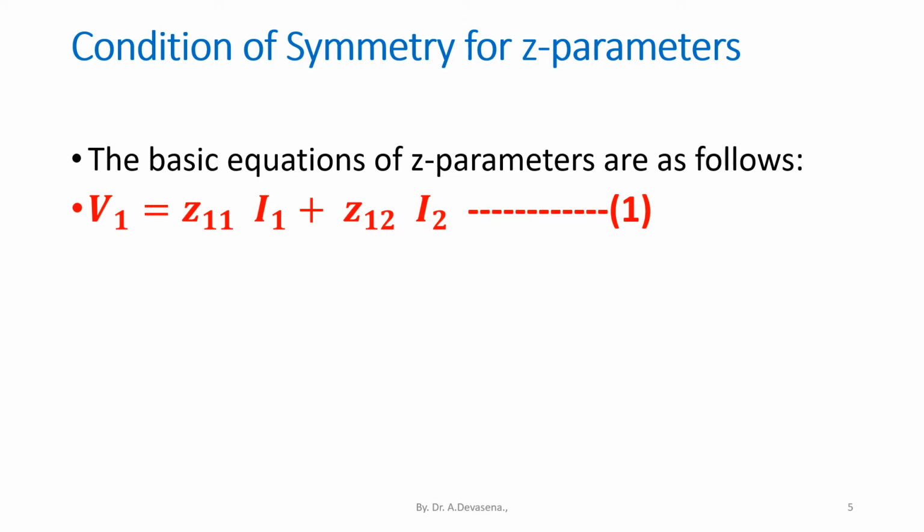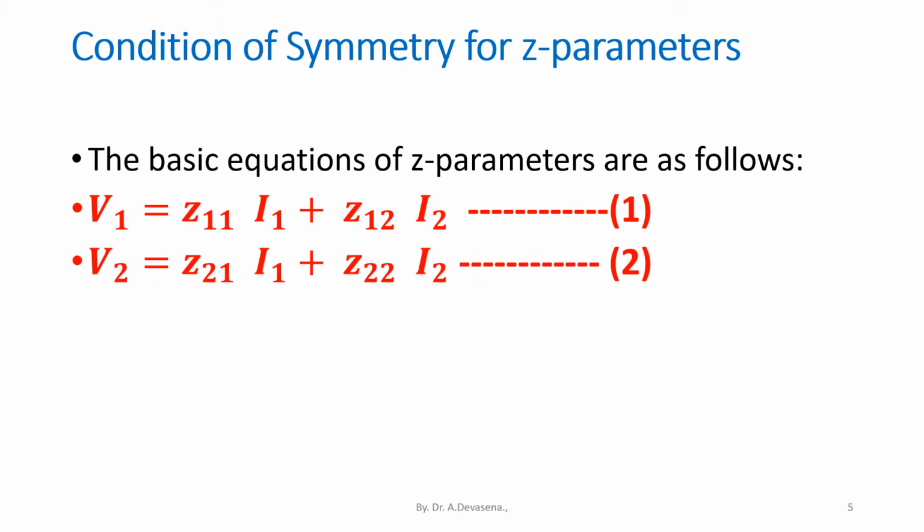That is, input voltage V1 is a function of input current and output current. Now consider V2 is equal to Z21 I1 plus Z22 I2. Consider this as equation 2. That is, output voltage is a function of input current and output current.